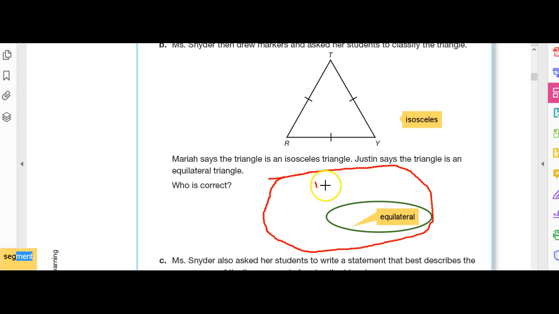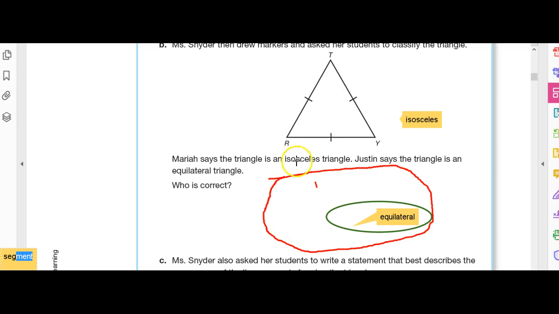So I have all the isosceles triangles here. I think I can try to get that. No, it's not working for me. And my equilateral disappeared, but that's the idea. All equilaterals are also isosceles. All the equilaterals are isosceles, but then there are others that are just isosceles.